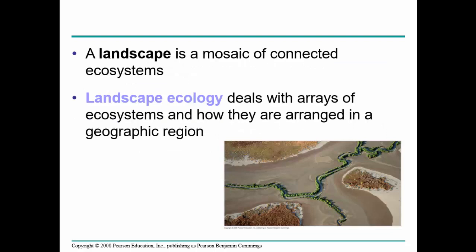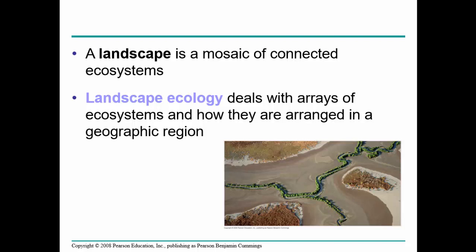After that, we have what we call a landscape. A landscape is a mosaic of connected ecosystems. To imagine landscapes, think of what a city looks like, for example Bandung city. In some particular areas we can find a shopping mall, in other areas we can find government offices.